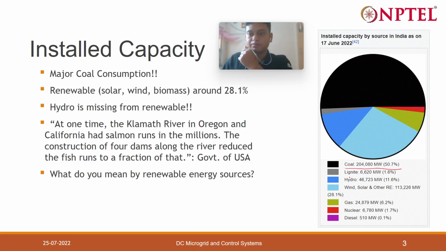And then we have a small portion of lignite based plant also, and then we have hydropower plant that is also a big contributor to this power generation, and then we have a major portion of renewable energy sources, that is approximately 28.1%.